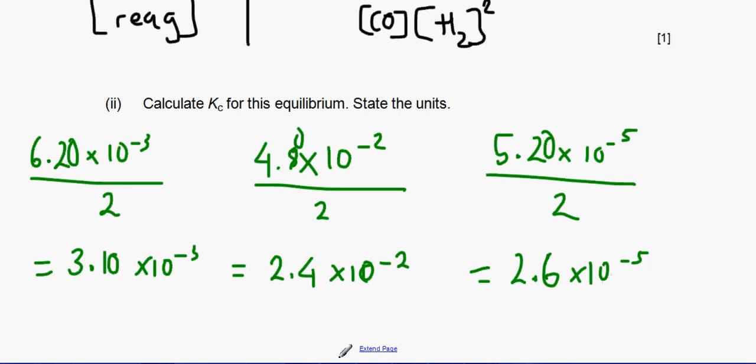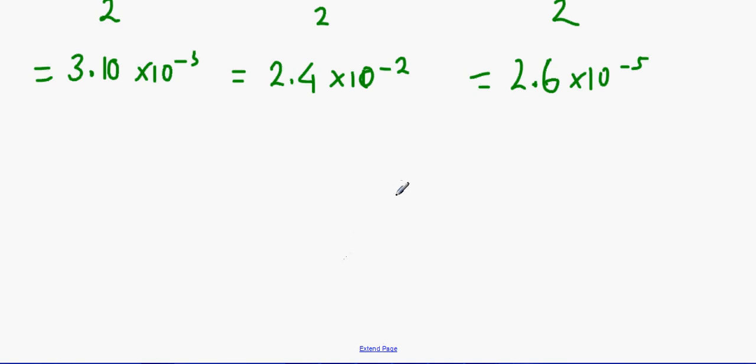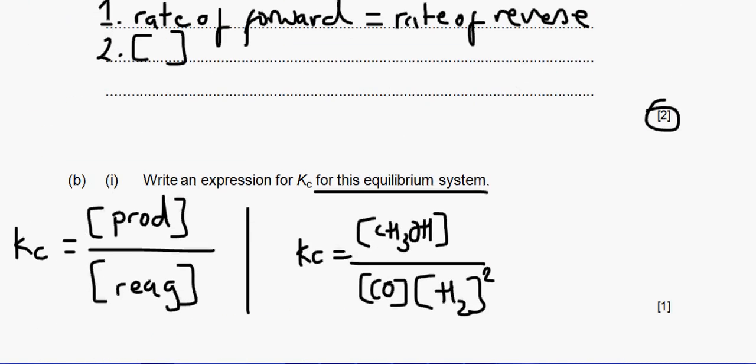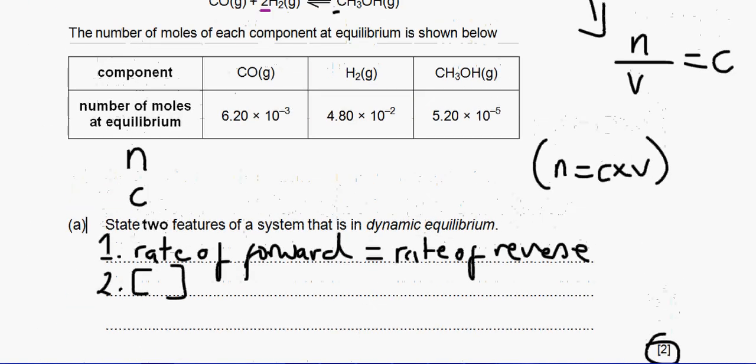So now we've got our concentrations over here, which is good, because now we can use that. So now let's put that into our expression. So it was Kc equals the concentration of the products, which is 2.6 times 10 to the minus 5, divided by 3.1 times 10 to the minus 3, and that is for carbon monoxide.